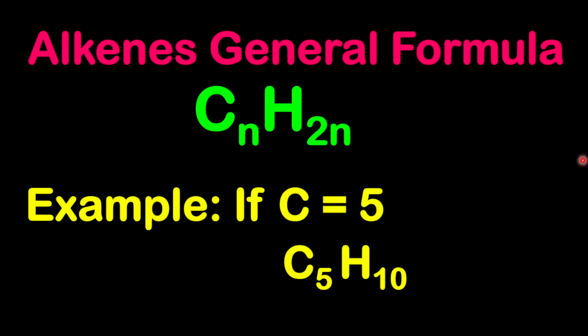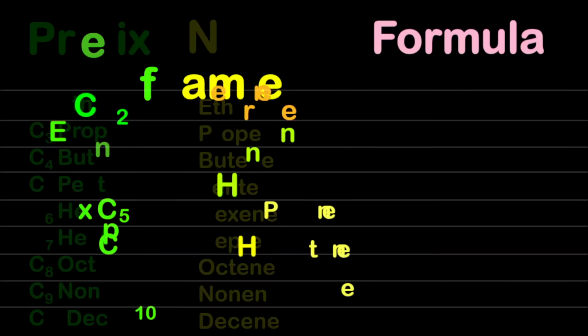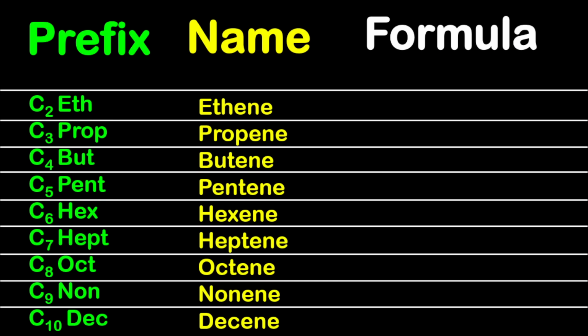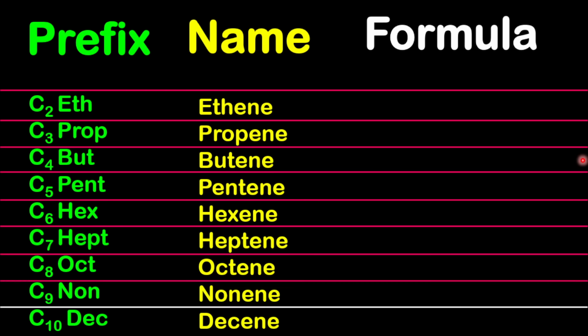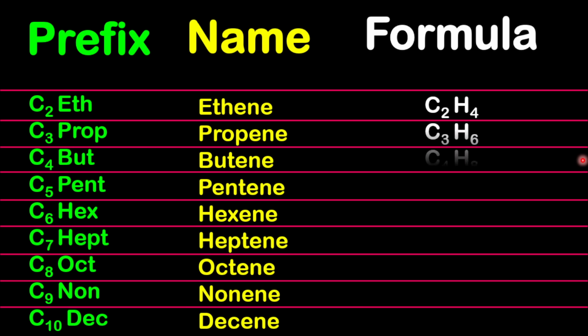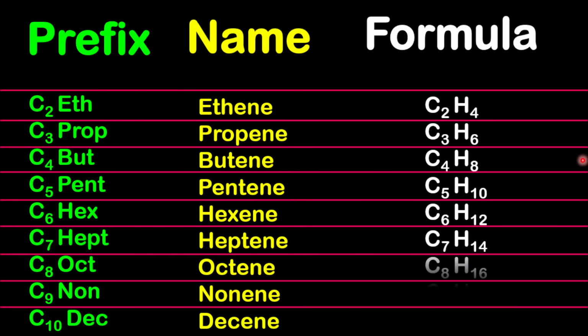So it's C5H10, and that is pentene, for example. This is the prefix, name and formula that we're going to have for them. Based on the number of carbons, for alkenes the H's are twice the number of carbons. That's the bottom line.